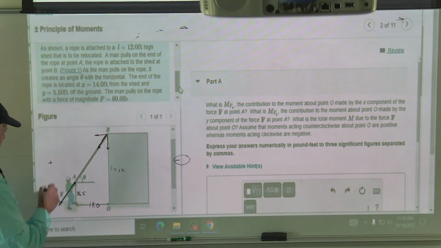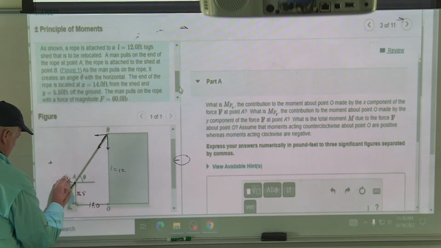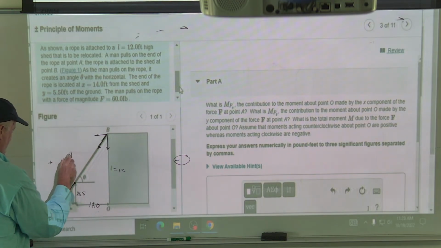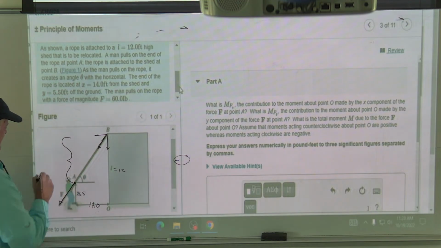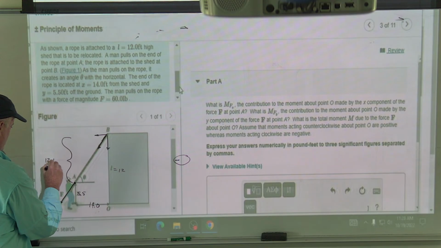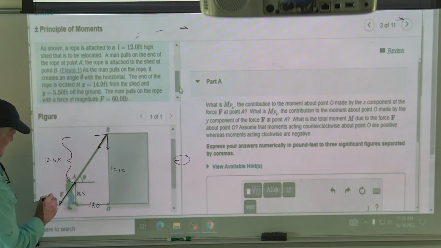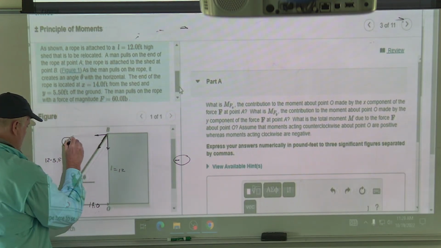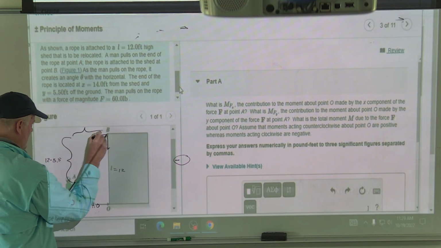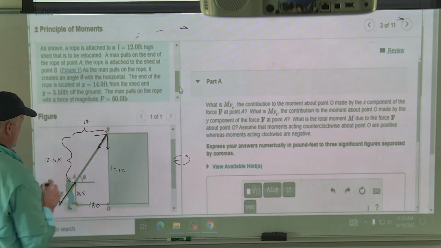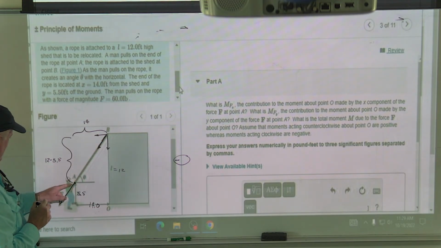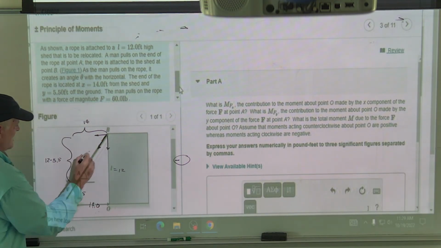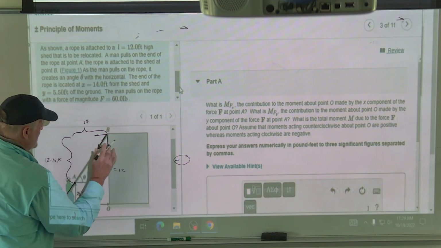Then that means this distance, and I'm just going to say like this, is 12 minus 5.5. And this distance is still 14. Now, if you want to, you can find the length of that rope, and then you can break these components down.